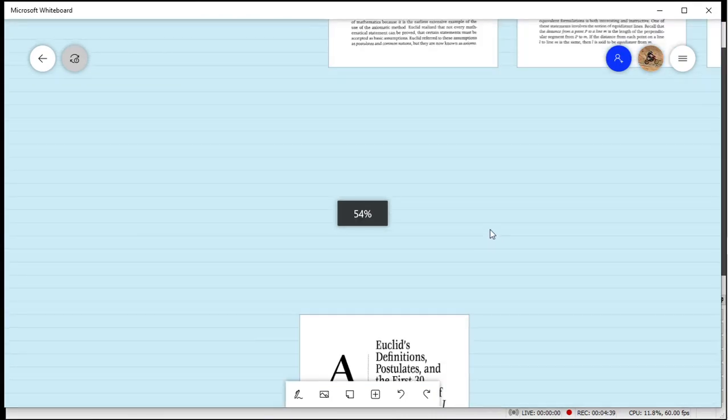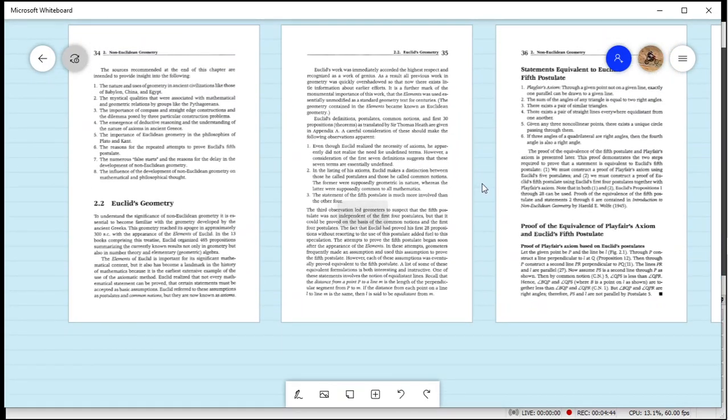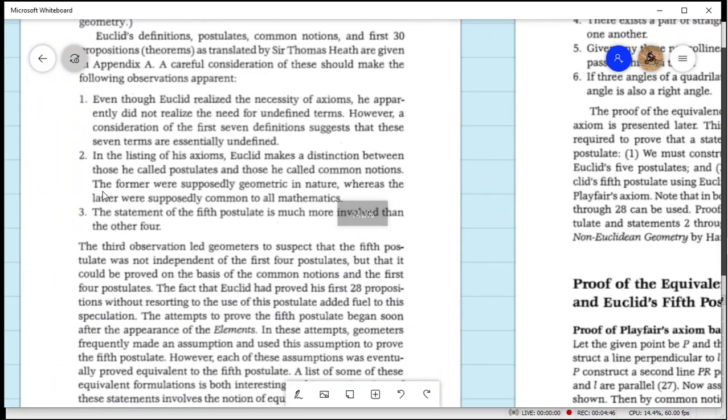Observation number 2. In the listing of his axioms, Euclid makes a distinction between those he called postulates and those he called common notions. So what are the differences of these two?